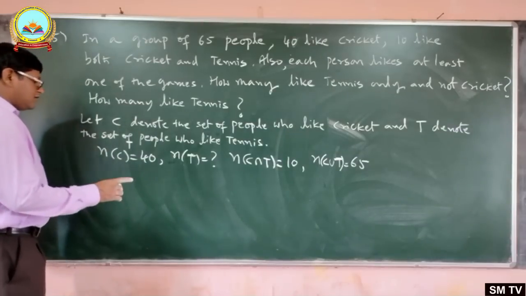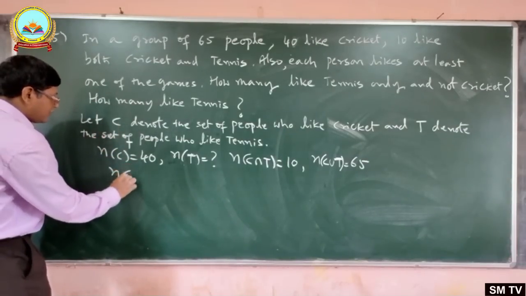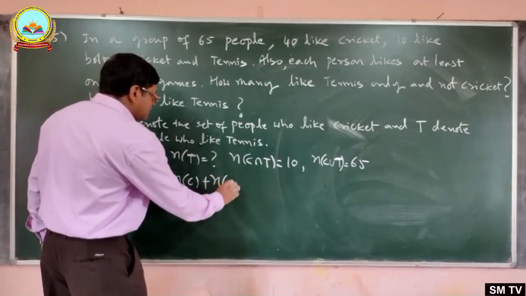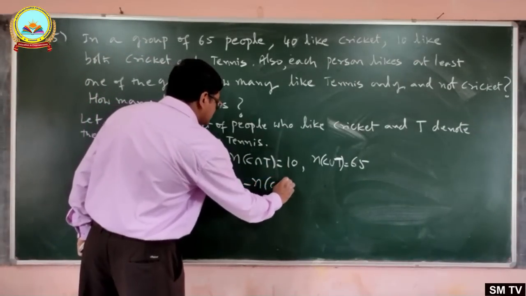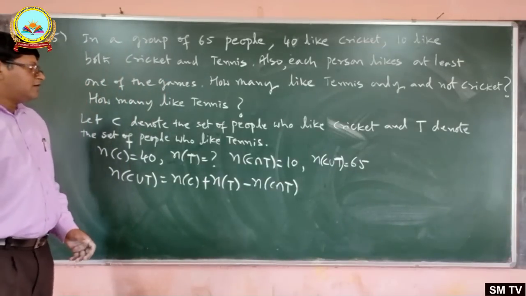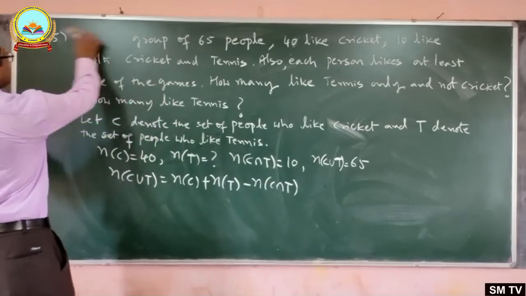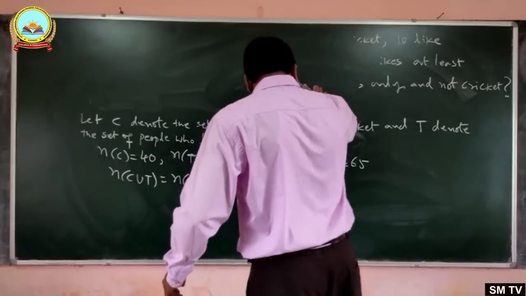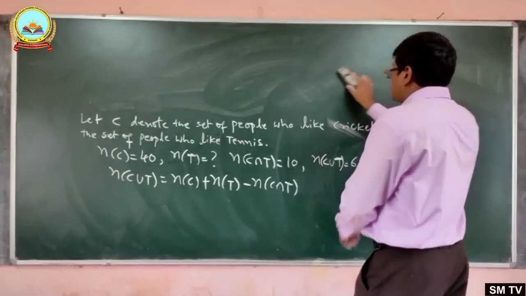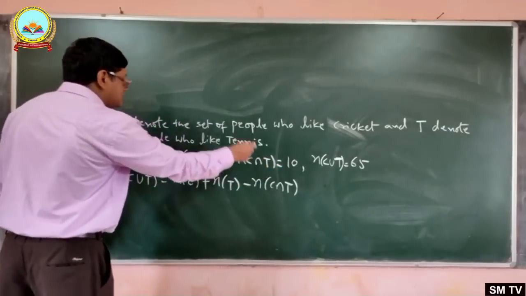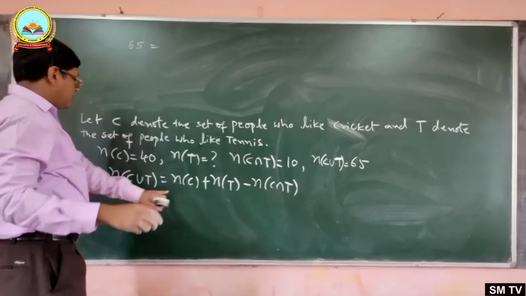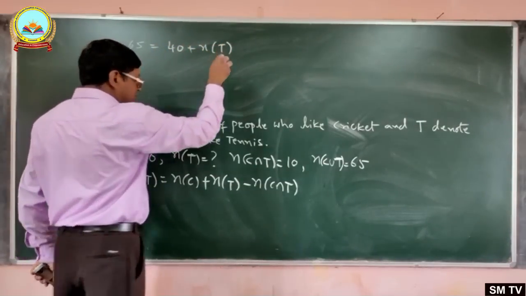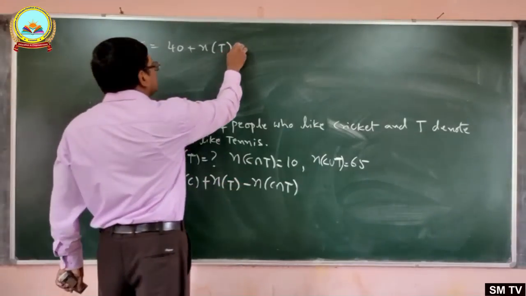So, use result number 2. N of C union T is equal to N of C plus N of T minus N of C intersection T. Now substitute the values. N of C union T is 65. N of C is 40 plus N of T, that we don't know, write that as it is, minus N of C intersection T, which is 10.